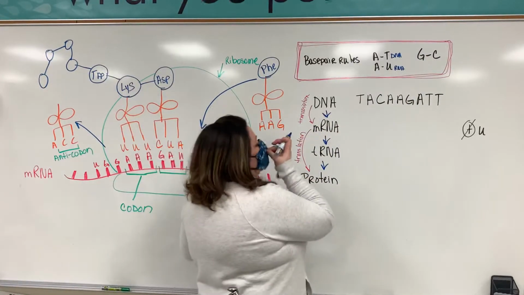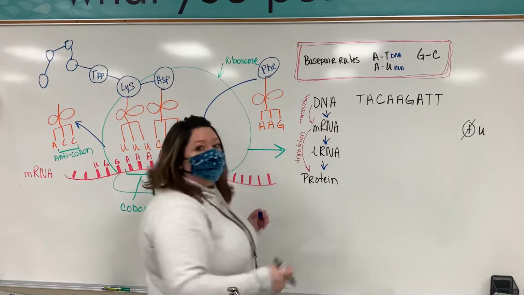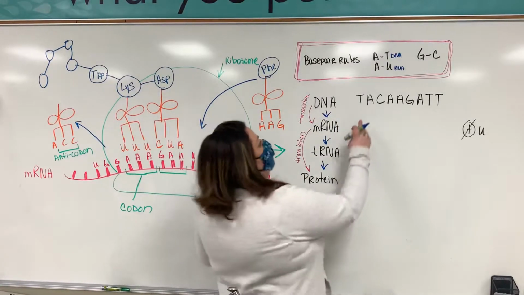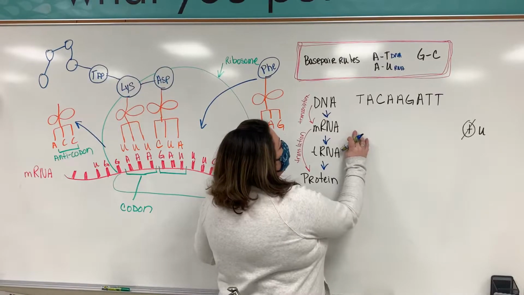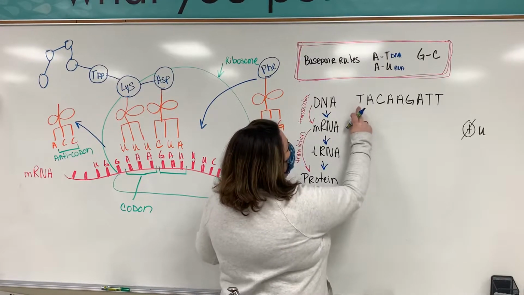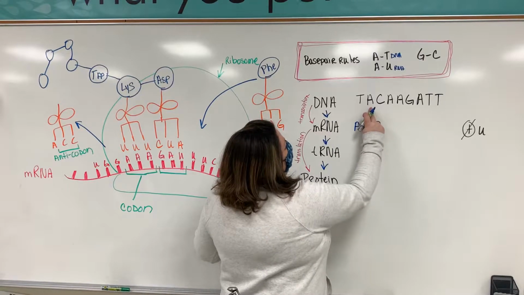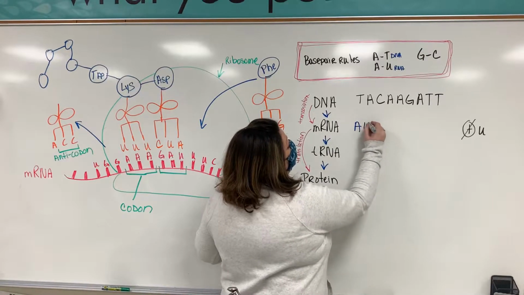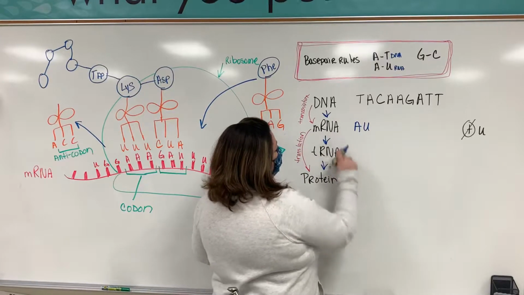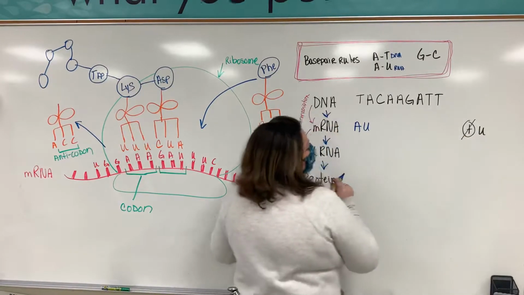So if I'm going to make an mRNA strand from my DNA strand, I'm just going to follow the rules. T is going to bind with A. A is going to bind with U in this case because we're in RNA now and we don't have T's, we have U's.